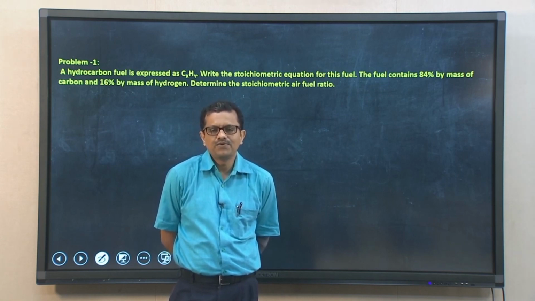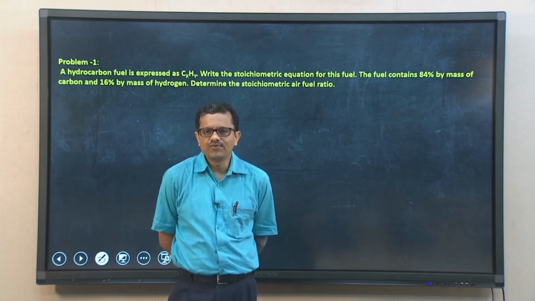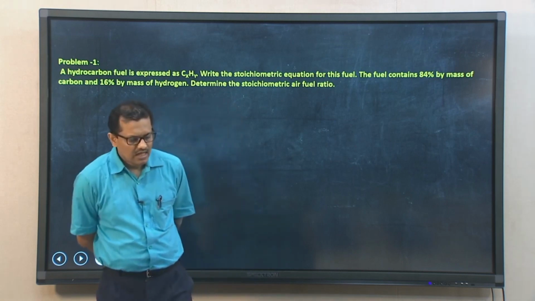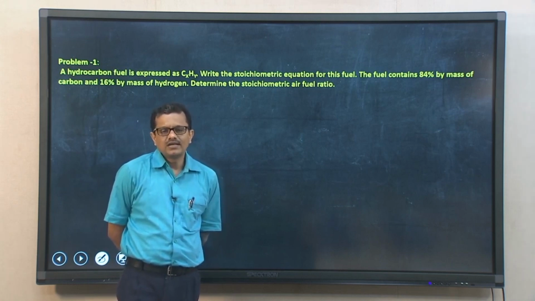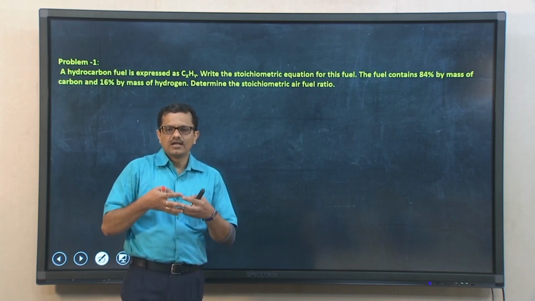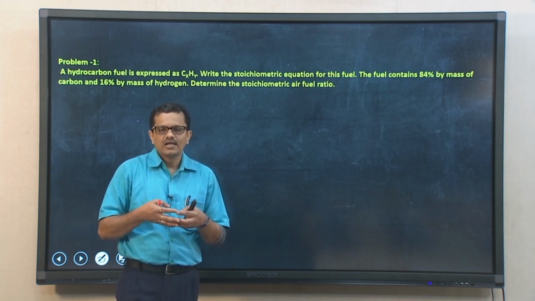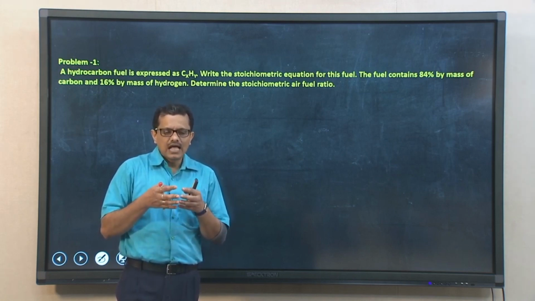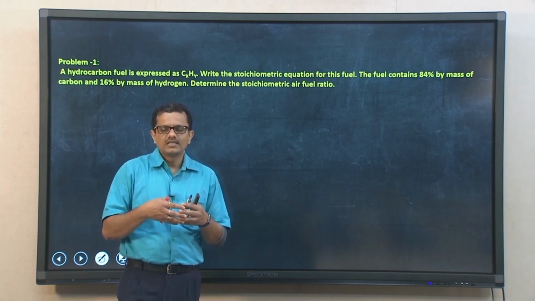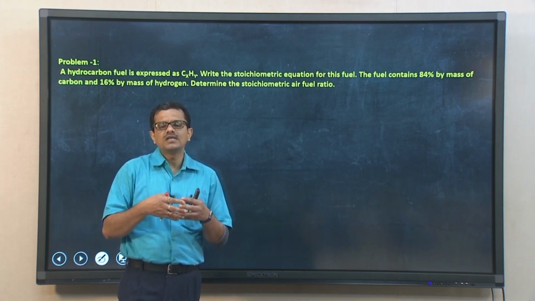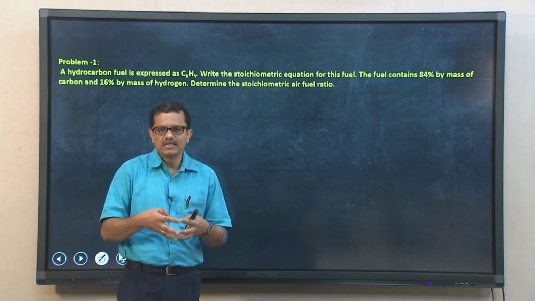So, if we know the composition of the fuel, basically a hydrocarbon, then to burn that fuel we need adequate air. Why do we need adequate air? Because the oxygen needed for the complete combustion of the fuel will come from the air being supplied to the engine.